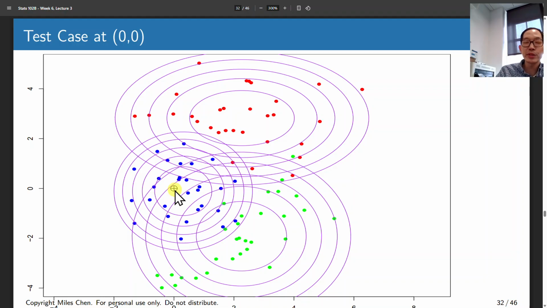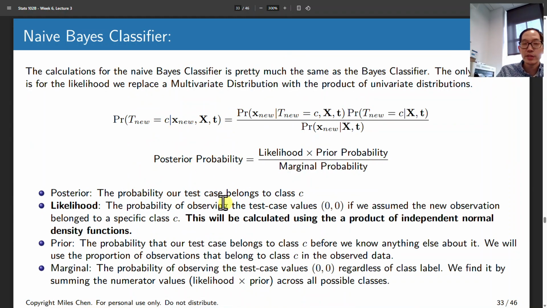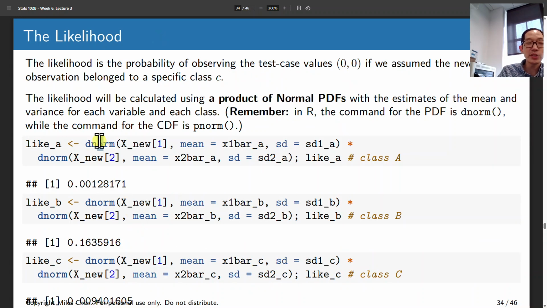And so we run through the thing and we calculate the likelihood times the prior divided by the marginal. This time the likelihood is easier. Like we don't have to use the multivariate normal. We can just use dnorm, okay? The normal density, and it's going to be a product, okay?